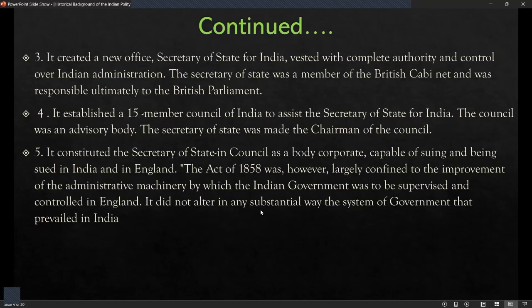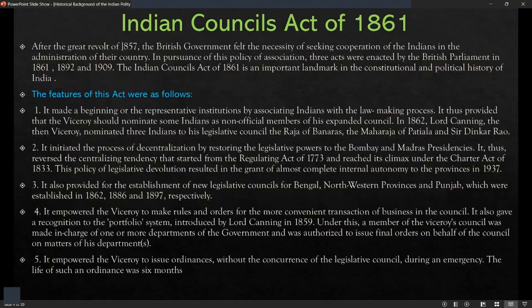England controlled the administration, legislation and execution of India, and the other regulations and acts continued to prevail in India.